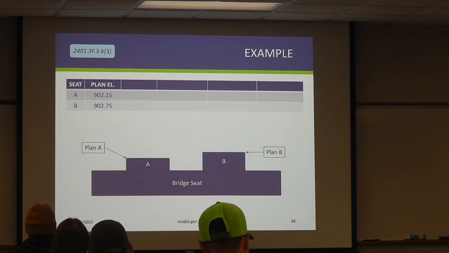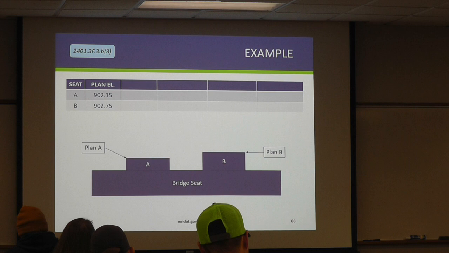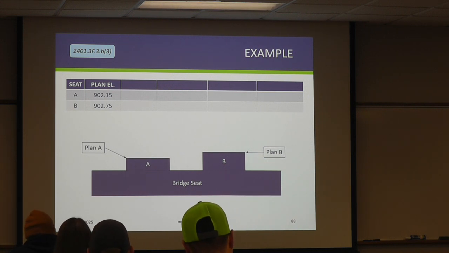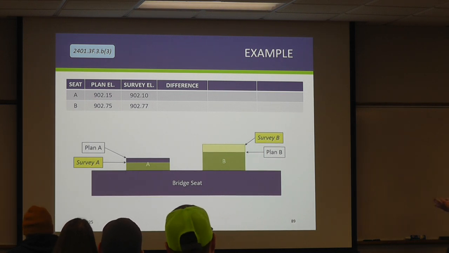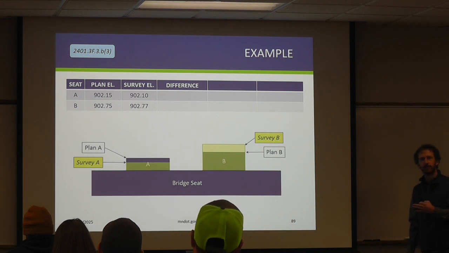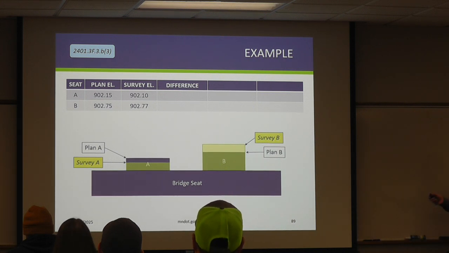Contractor goes out, does his survey, everything's pretty good. For whatever reason, the concrete's settled. Maybe it's on a spread footing, so the whole substructure itself may be settled a little bit, and we end up with differences. So A came out lower than planned, B came out a little bit higher. You can see that difference.